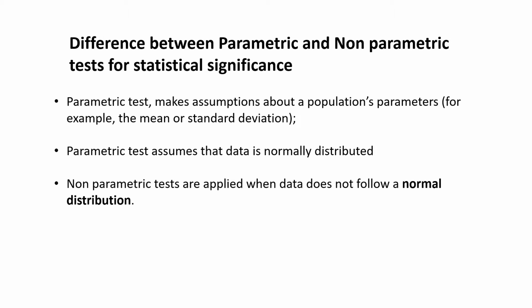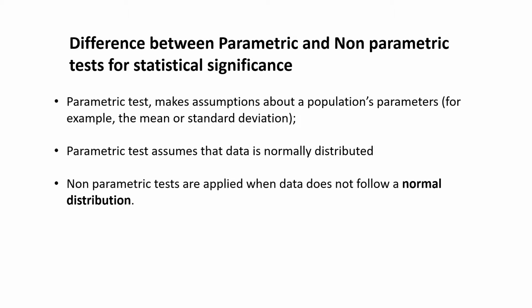Now we can go through the differences between parametric and non-parametric tests for statistical significance. Parametric tests have an assumption about the population parameters, for example, mean or standard deviation. What is the assumption?